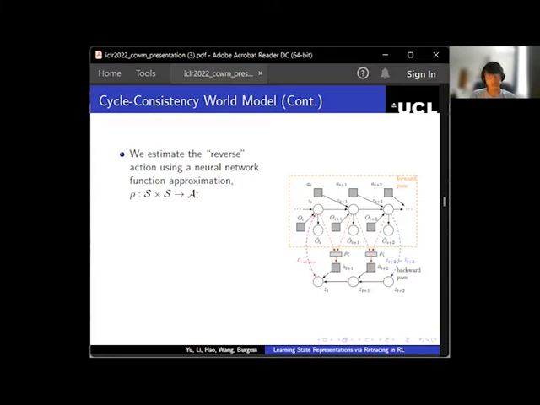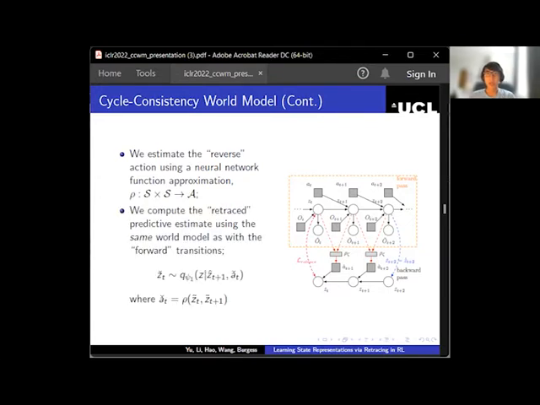The reverse action in the retraced transition sample is estimated given the two adjacent states using a neural network function approximator. And this reverse action approximator is trained jointly with the rest of the model, essentially.